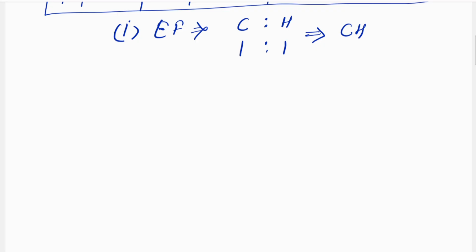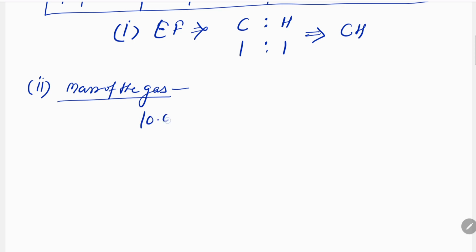Now we have to calculate the molar mass of the gas. That was the second question, the mass of the gas. We have been given that 10.0 liter of this gas at STP weighs 11.6 gram.